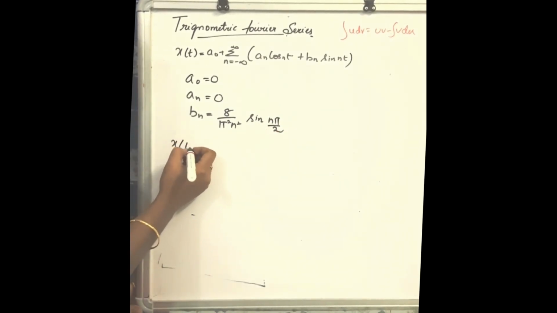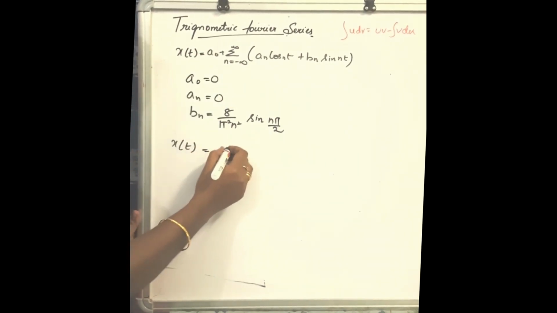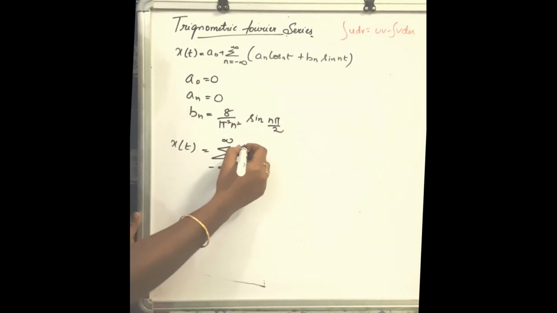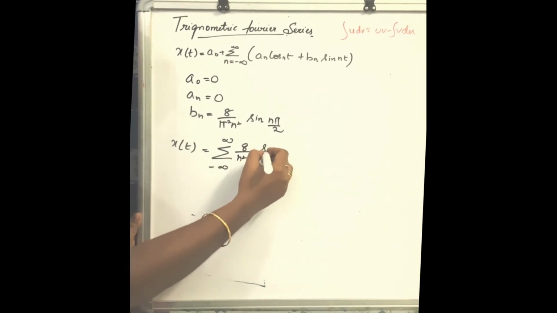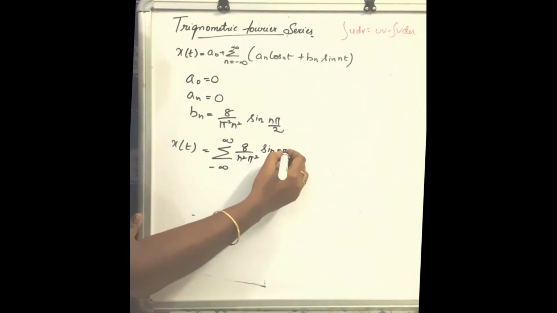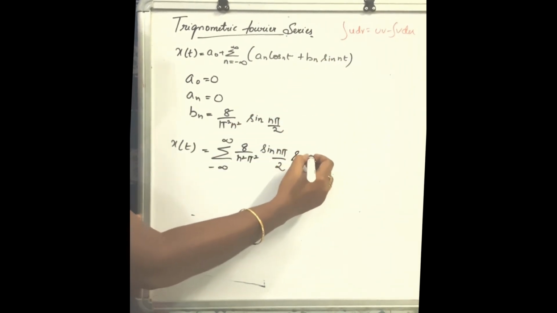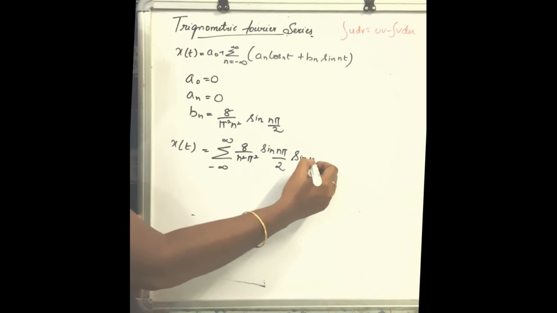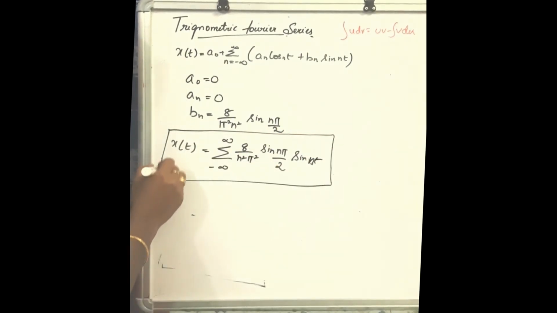Substituting all the 3 in x of t, we get summation from minus infinity to infinity, since a0 is 0 and an is 0, 8 by n square pi square sin n pi by 2 sin nt. This is your final equation.